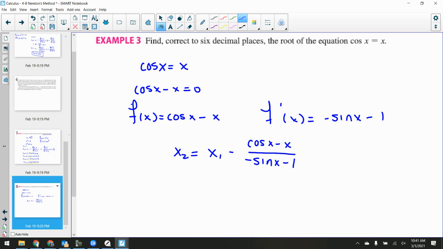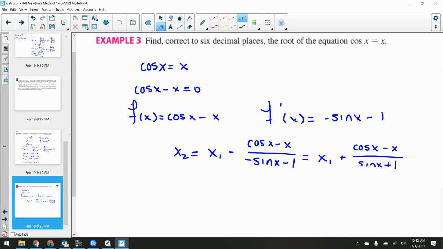I'm just going to simplify it a little bit so we can plug it in easier. Do you see how I can pull out a negative 1 on the bottom? We're going to pull it out and make it a plus: x1 plus cosine x minus x over sine x plus 1. It's just to make it easier to plug in.